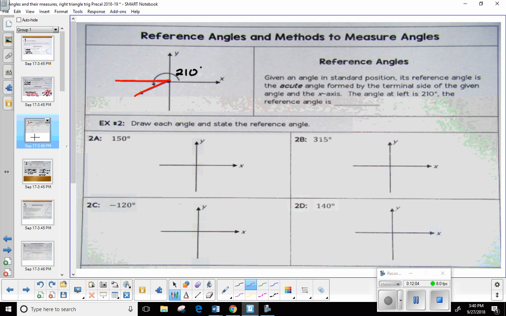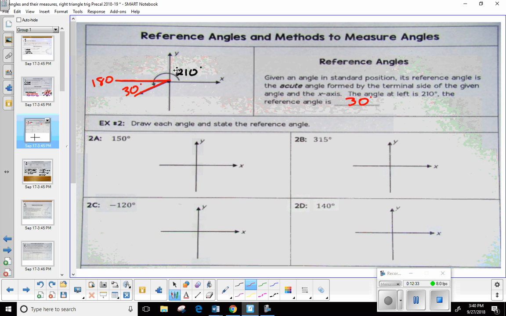What are you going to see in 1 and 4? Yeah, it'd be the positive x-axis. Stone, what you got? That's 30. That's right. Because think about it, we rotated all the way around to 210, but half a revolution is 180. So that's going to be 30 degrees. Questions?